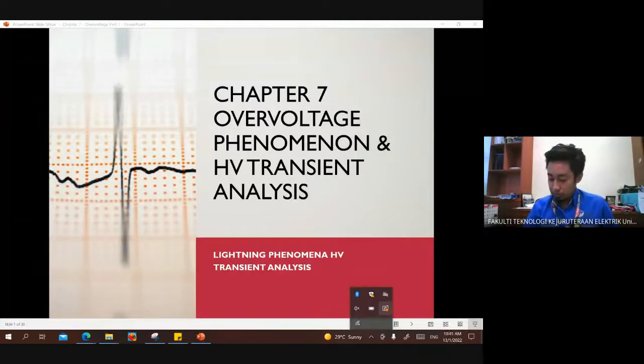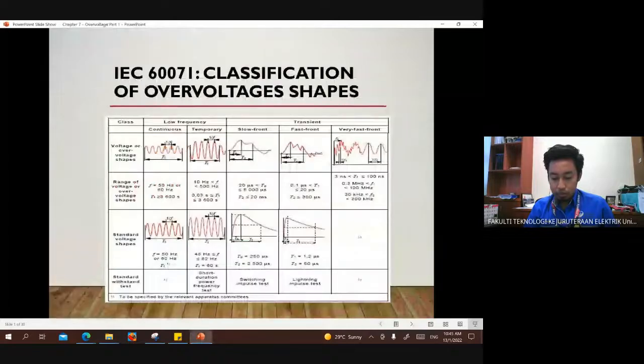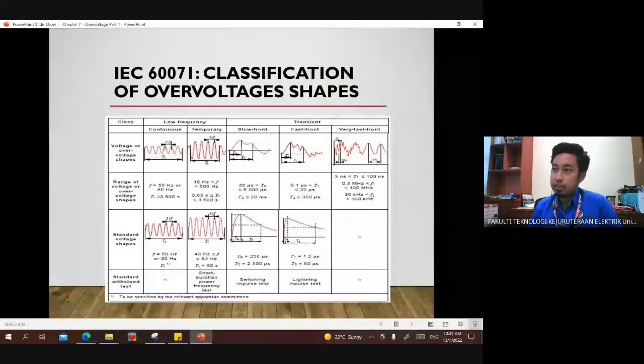This is just for your information: IEC 60071, based on the classification of overvoltage shape. Based on this, we have two classes, which are low frequency and transient.